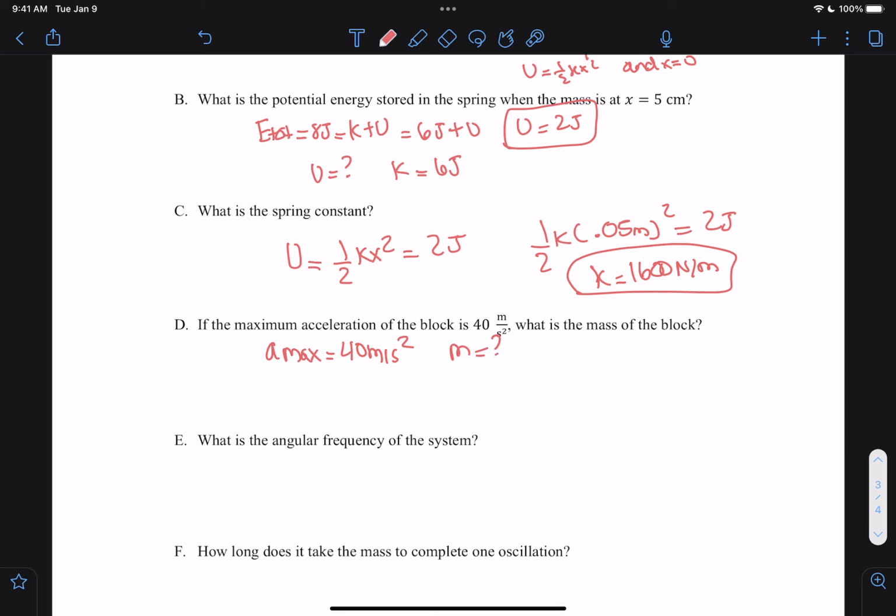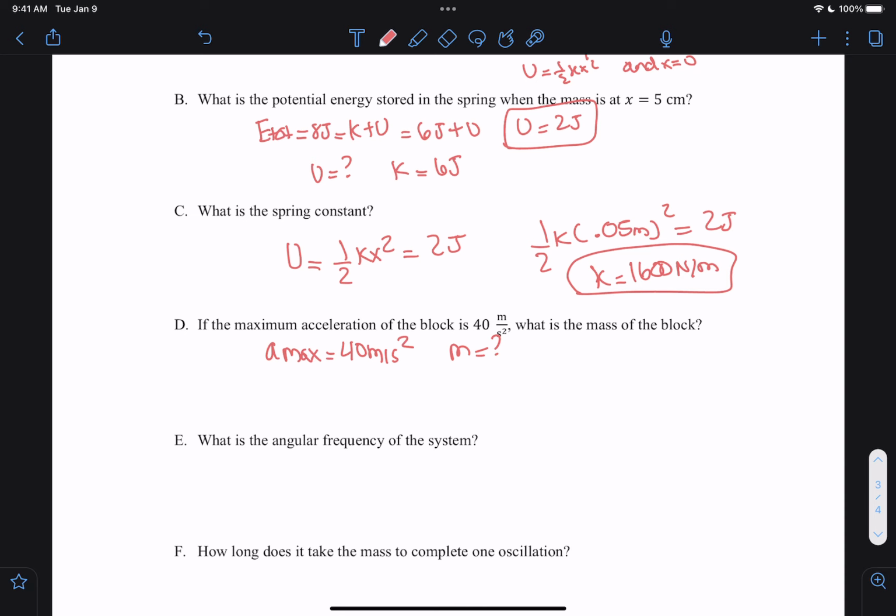Well, how can I relate maximum acceleration to mass? That's the big issue here.